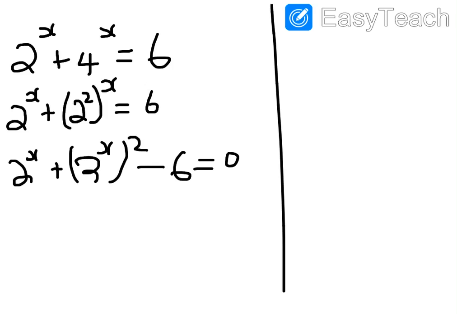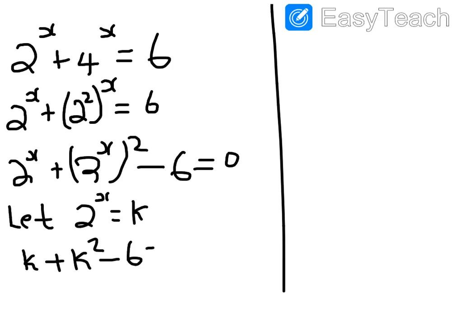Okay, we're going to let 2 to the power of x equal k, so that whenever we see 2 to the power of x, we can put k, and this equation will be k plus k squared minus 6 equals 0.